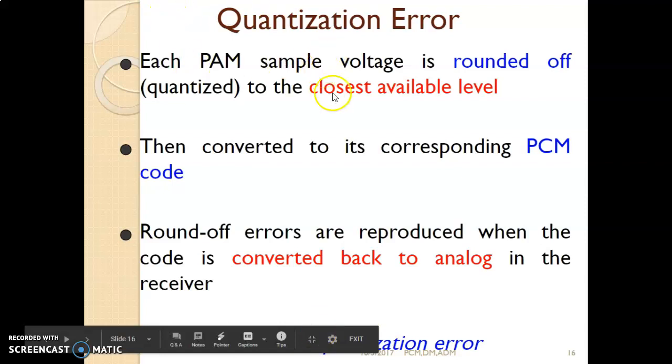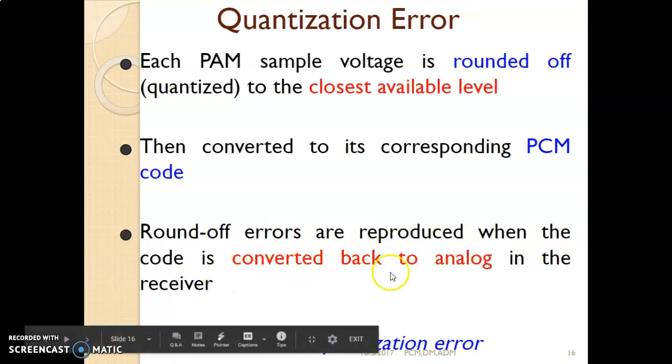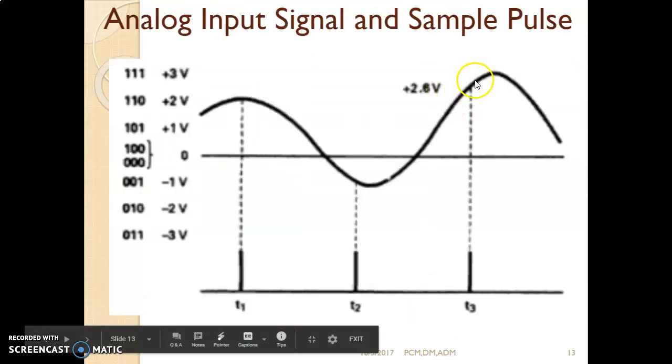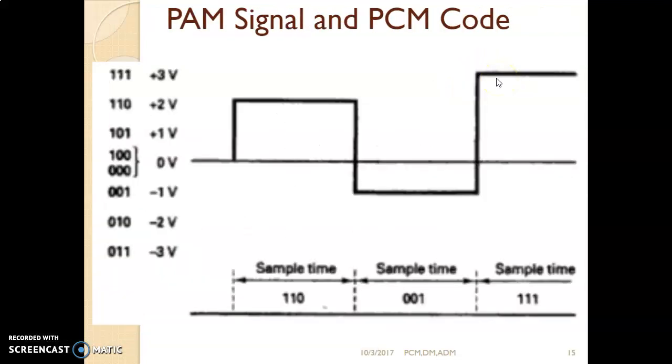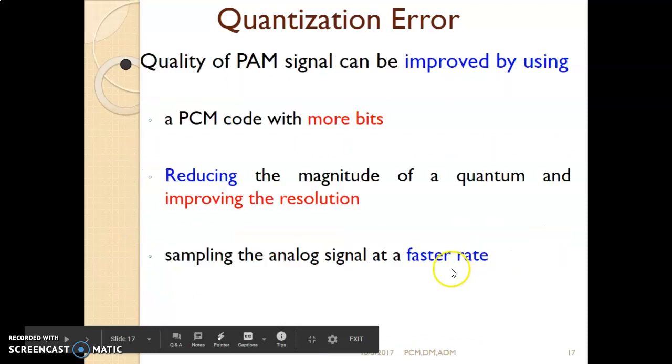Each PAM sample voltage is rounded off to the closest available level, and then it is converted to PCM code. These rounding errors are reproduced when the code is converted back to an analog signal. Whatever difference there is between the quantized level and the original signal, for our example this sample was at 2.6 but we have rounded to 3 volt. This is called the quantization error. So 3 minus 2.6, that is the quantization error.